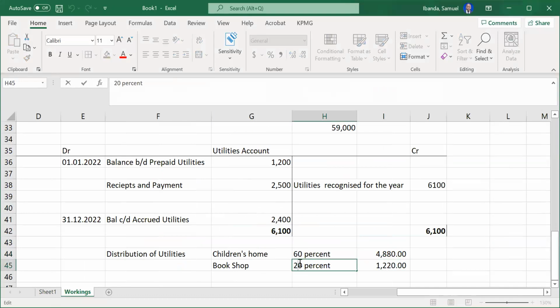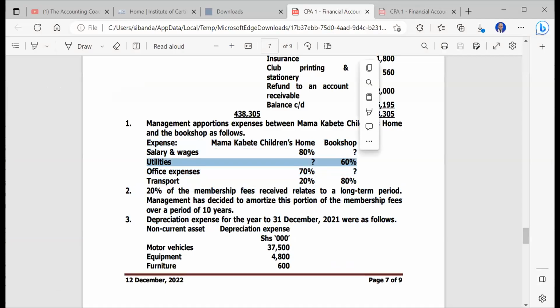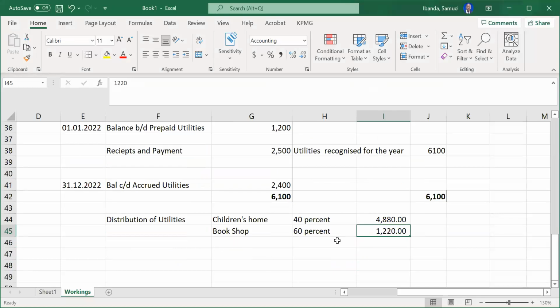Okay, 60 is for the bookshop, is that right? And then for the children's home, we have 40. Utilities are this. So very good that you were attentive there.